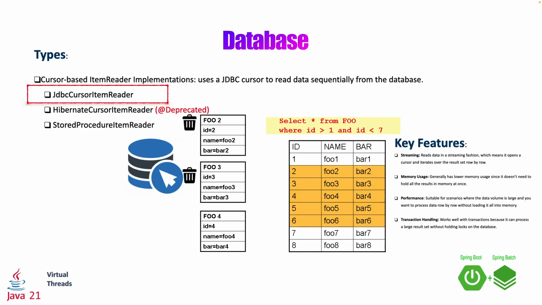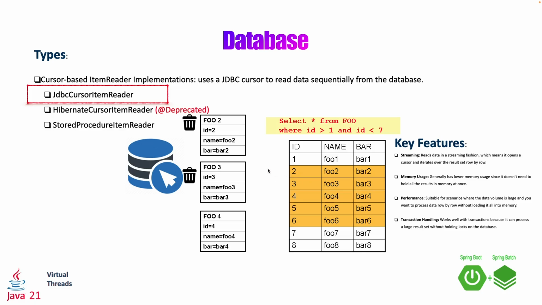Now, what are the key features of this approach called the cursor-based item reader? As we can see here, the cursor-based item reader allows us to read data in a streaming fashion, which means that it opens a cursor and iterates over the result set, as I was just telling you.